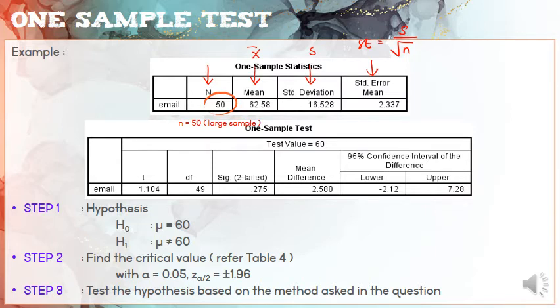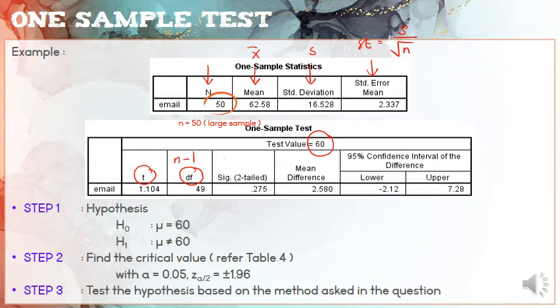So this is another table for one sample test. So test value dekat sini adalah your hypothesized mean. Okay, mean yang soalan claim. Okay, T dekat sini is your test value. Degree of freedom N minus 1.